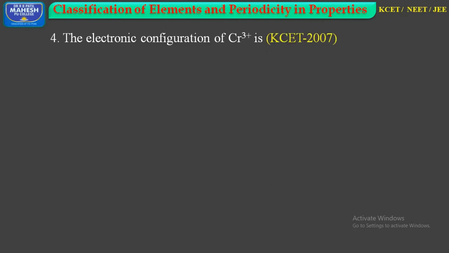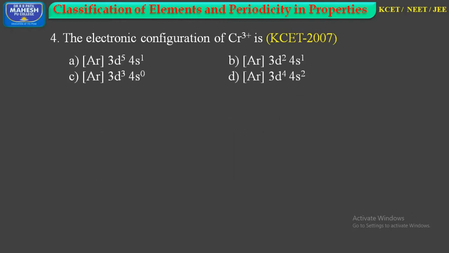Moving to the next one, question fourth: the electronic configuration of chromium with plus 3 charge is option A, argon 3d5 4s1, option B, argon 3d2 4s1, option C, argon 3d3 4s0, option D, argon 3d4 4s2.